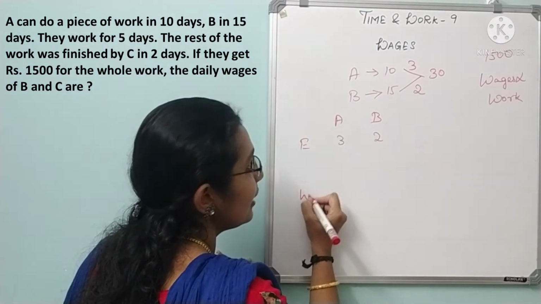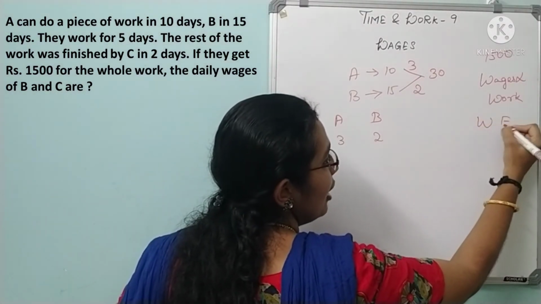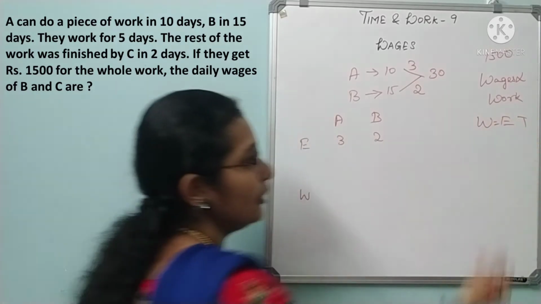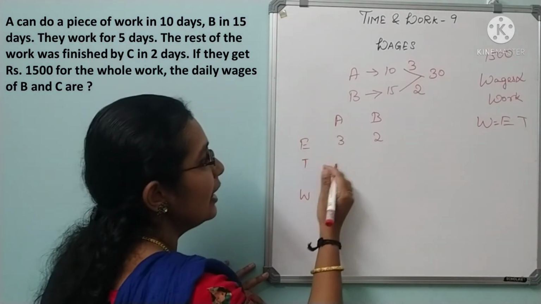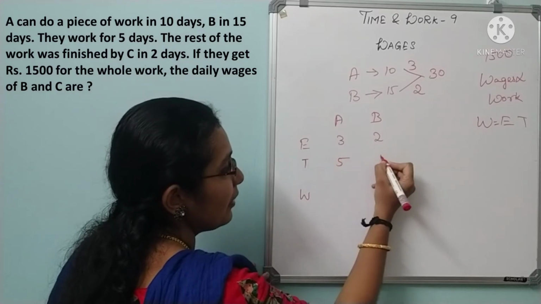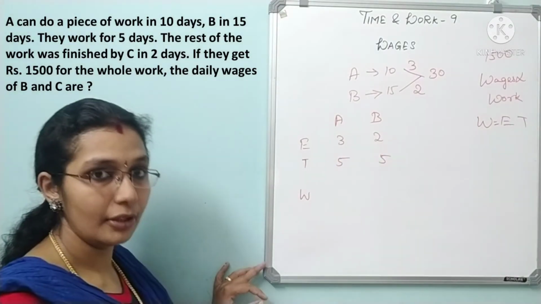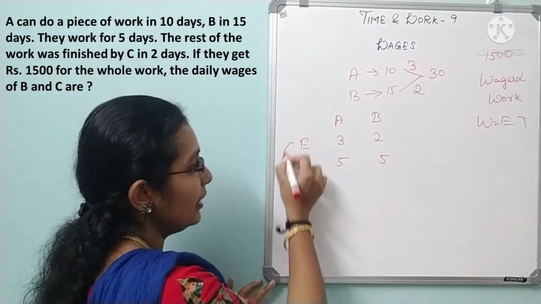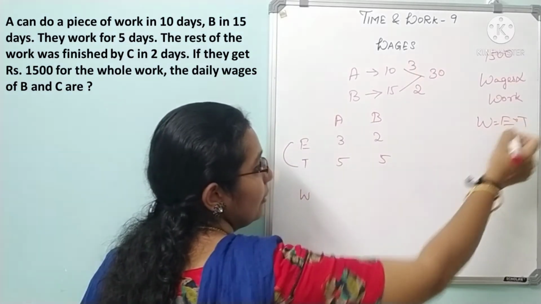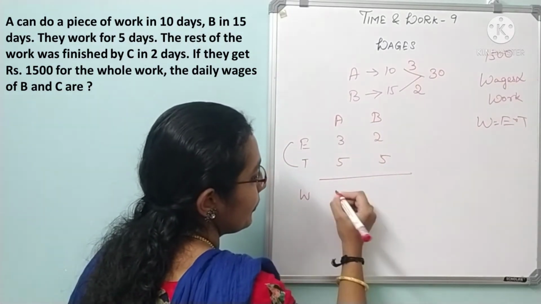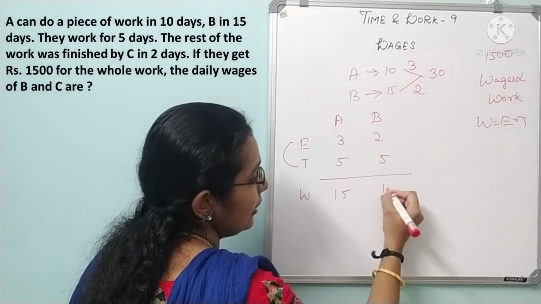See, we know the work concept, right? Work is equal to efficiency into time. Here A works for 5 days and B works for 5 days. This is already given in your question. So W is E into T: 5 3s are 15, 5 2s are 10.